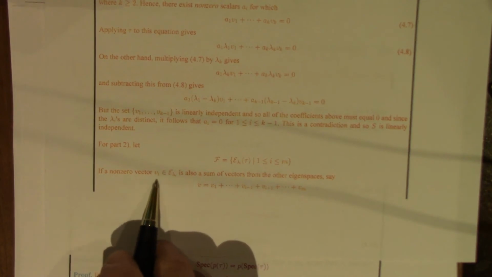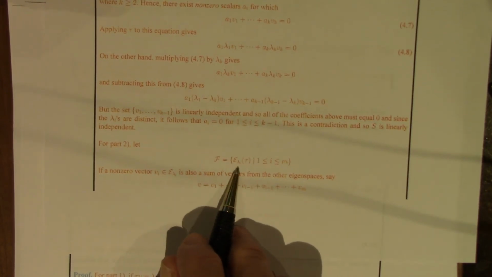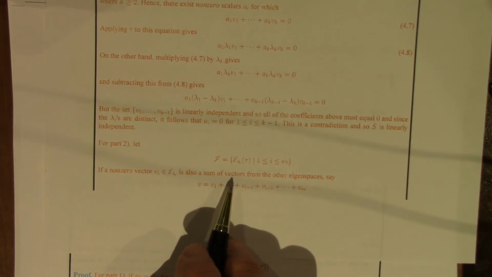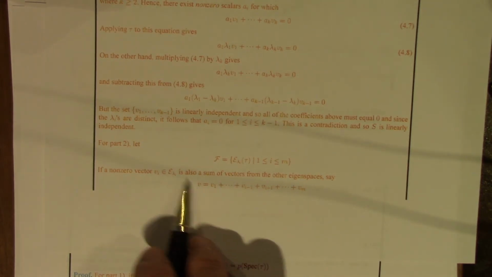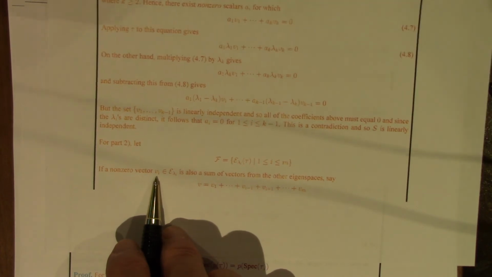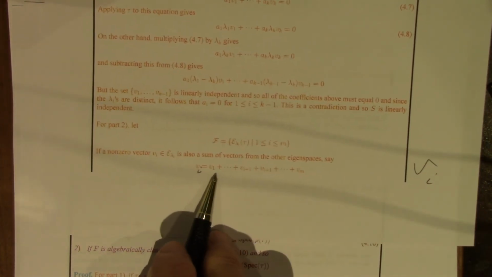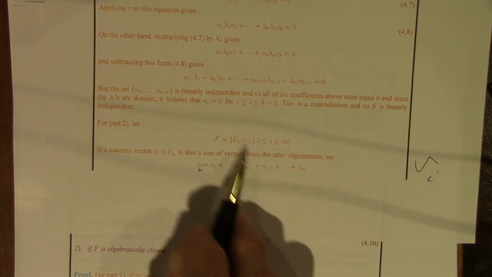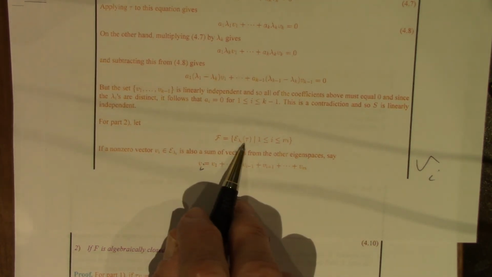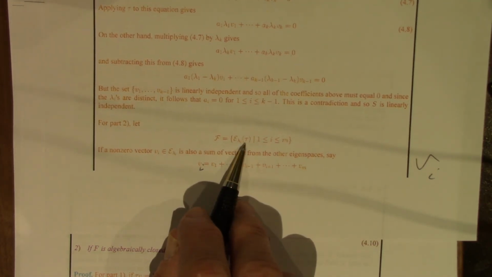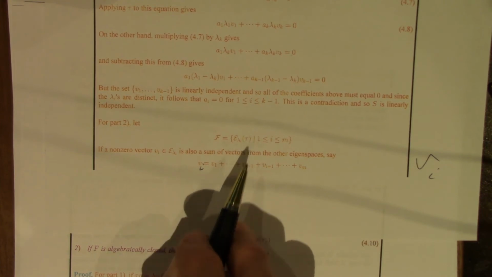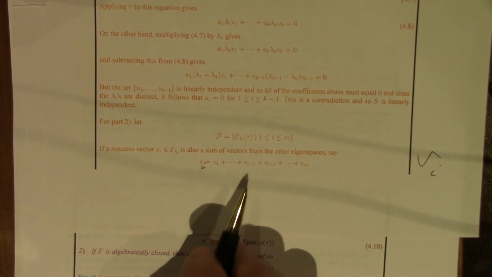If a non-zero vector in one of these subspaces, let's call it V sub i, was also a sum of vectors from the other subspaces in the family, this would violate the strong essential disjointness.